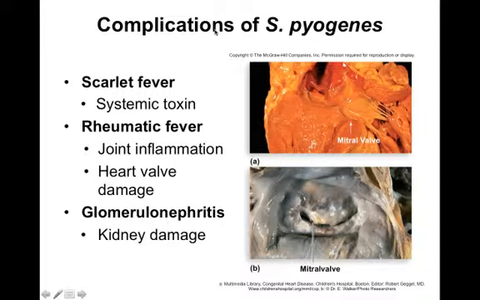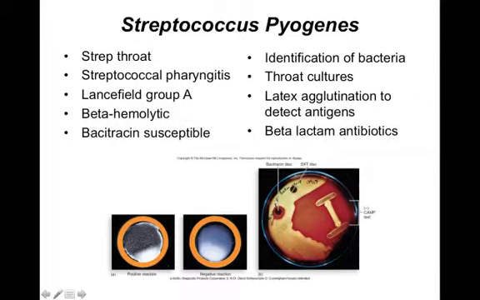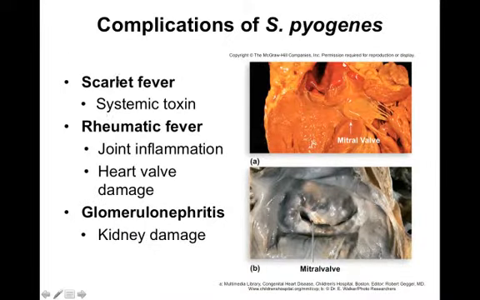So Streptococcus pyogenes, when it causes strep throat, is generally a fairly mild infection: fever, sore throat, large tonsils, achiness, but as long as you get it treated with the beta-lactam antibiotics, you should be fine. However, if you don't get it treated and the infection prolongs and goes on for a long period of time, you can run into some more severe complications.